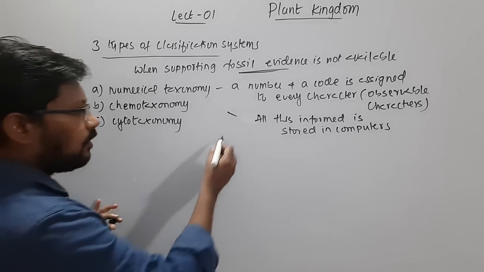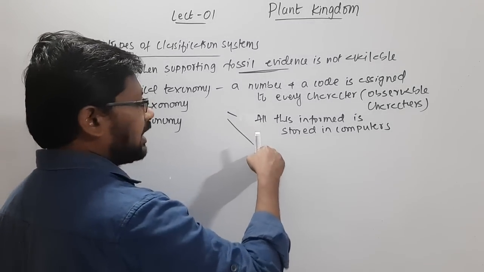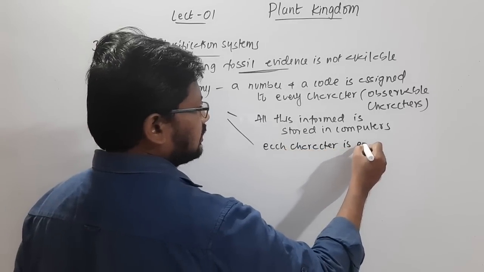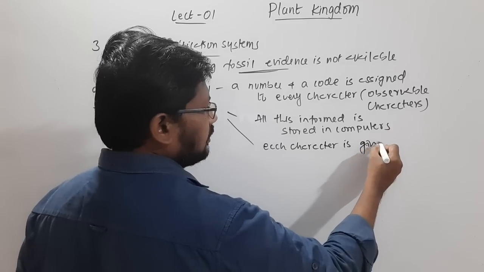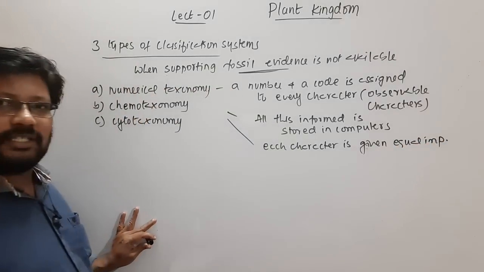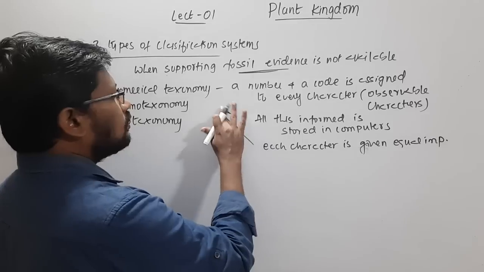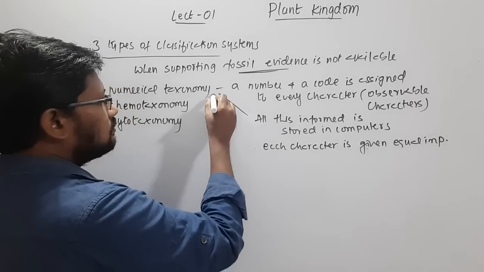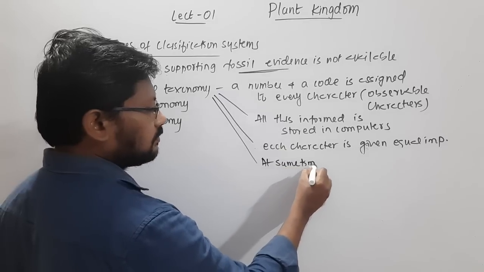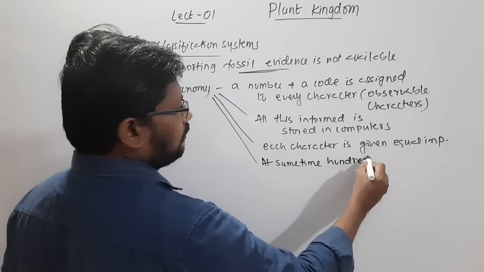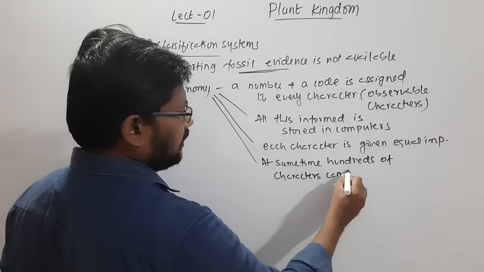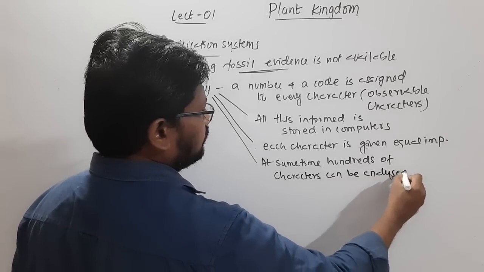One more point here. In numerical taxonomy, each character is given equal importance, and at the same time hundreds of characters can be analyzed.